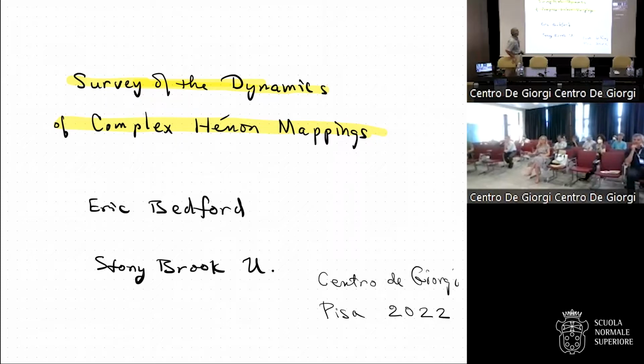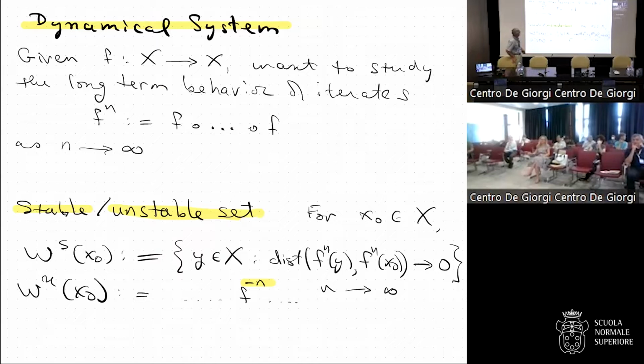So what I want to do is talk about complex Henon mappings. So I'm going to talk about dynamical systems, and let me just start at the very beginning.